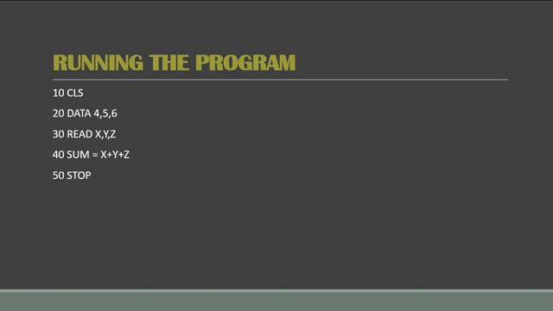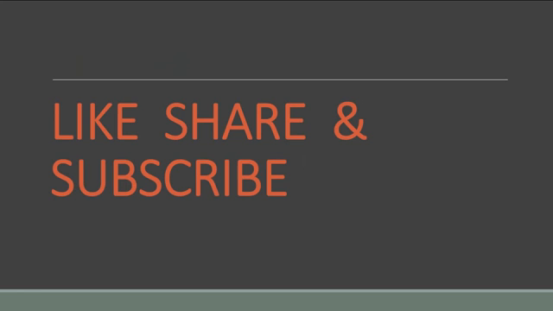After typing the whole program, I would either press the F2 key, or I would use the run command, which will give us the answer on a new screen. So that was pretty much the procedure of running a program in GW Basic.